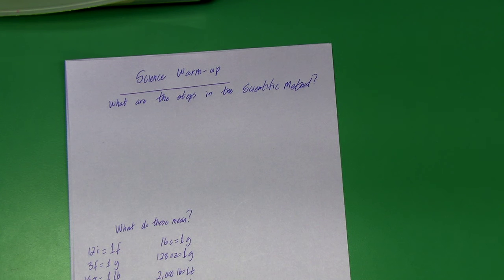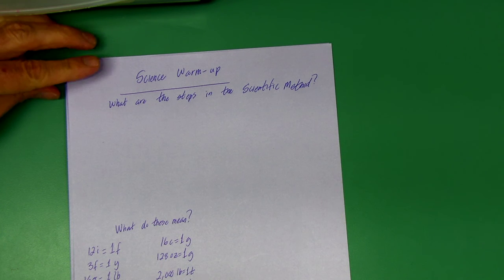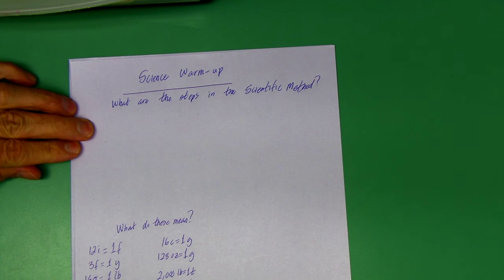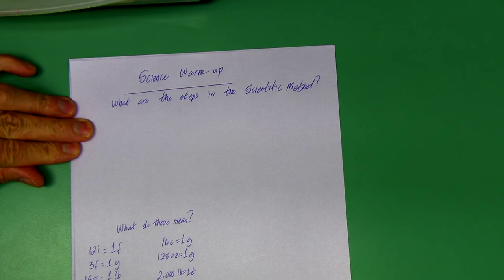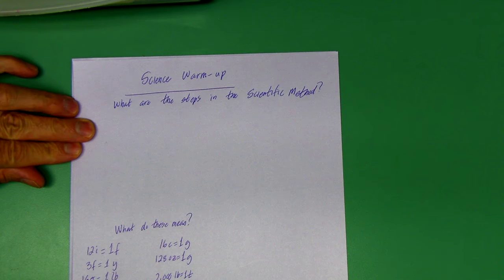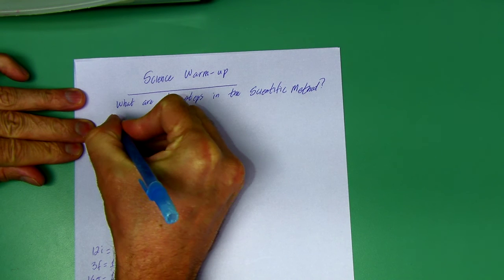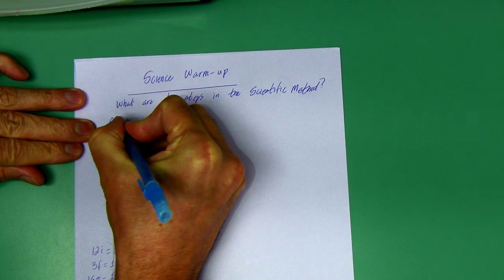Okay, welcome back. Steps to the scientific method. The very first thing that really happens in science, and I always said that good artists and good scientists have this quality. They're both observant. They notice things, right? So the first thing that really happens in science is there's an observation.